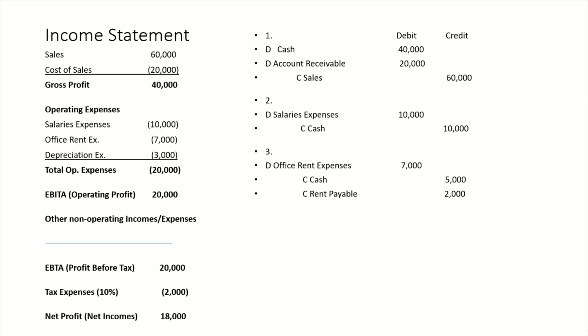Again, the accrual principle requires us to recognize expenses in the time period in which they occur, regardless of when do we pay cash. So we recorded office rent expenses for 7,000 euros, even though we paid only 5,000 euros for them during the period.